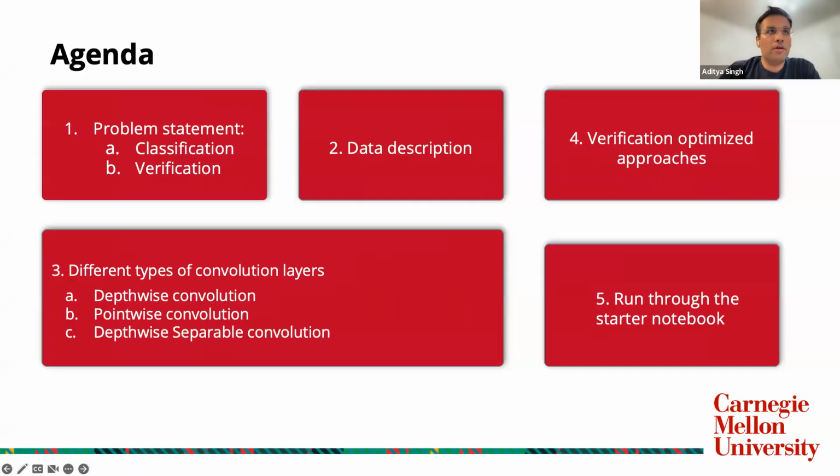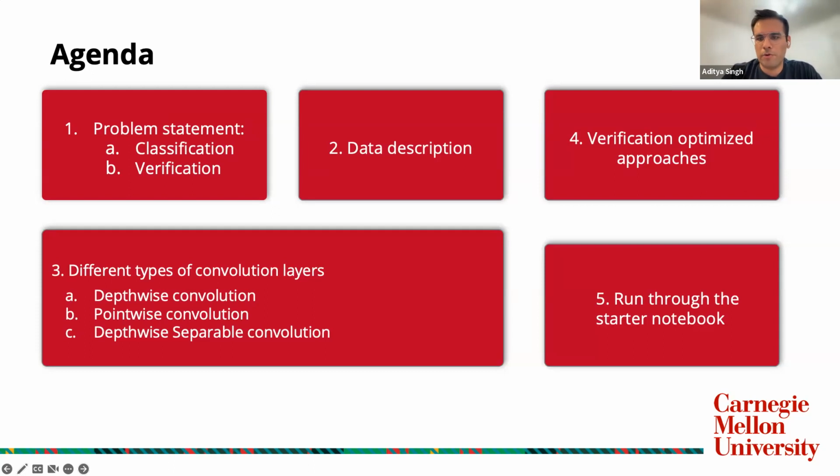So this is our agenda for today, and the main goal of the recitation is to acquaint you with the problem statement for homework 2. We're going to talk about how to formulate the face classification and verification tasks, and discuss a bit about how the task and the data is different from past semesters.